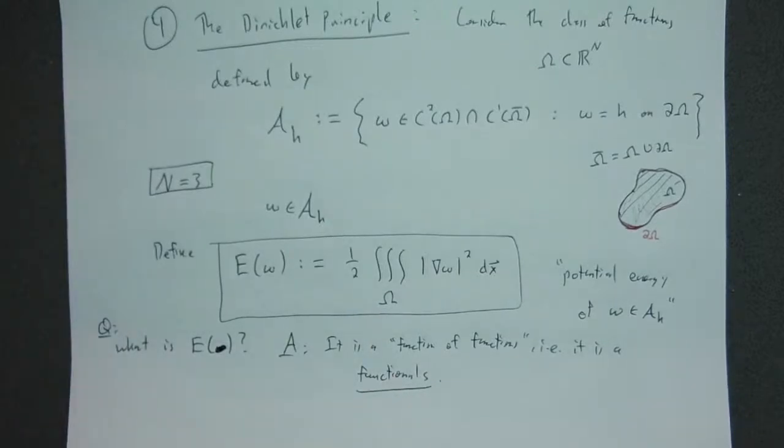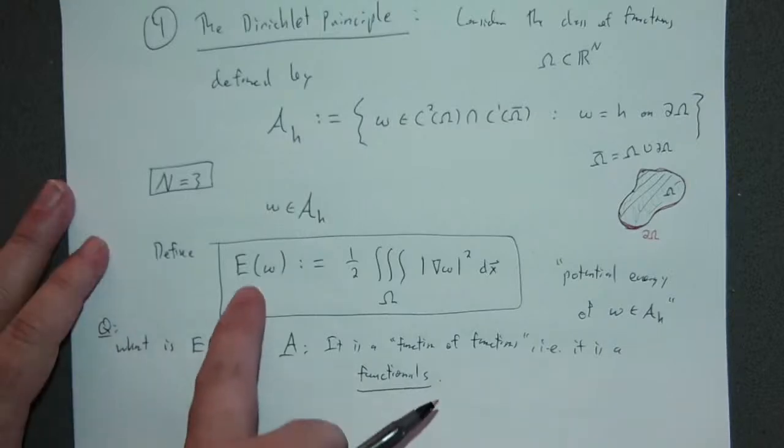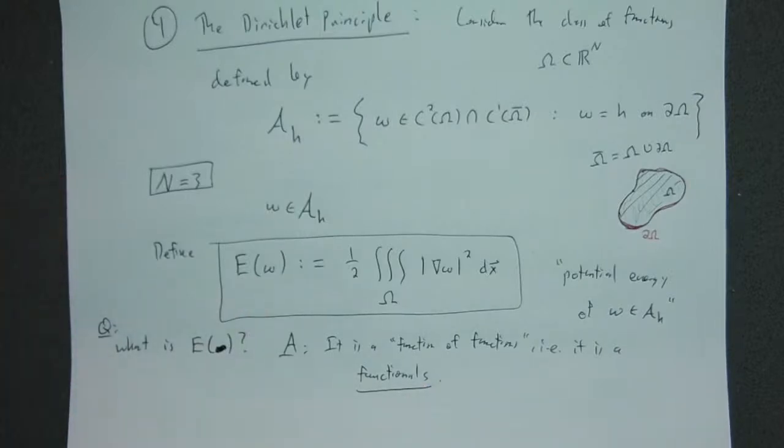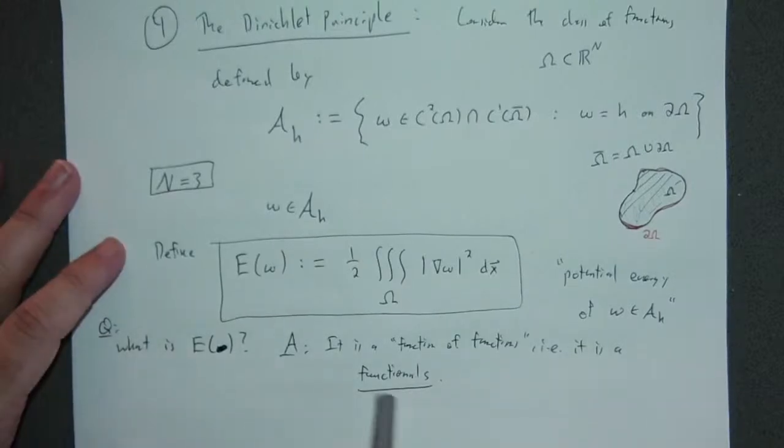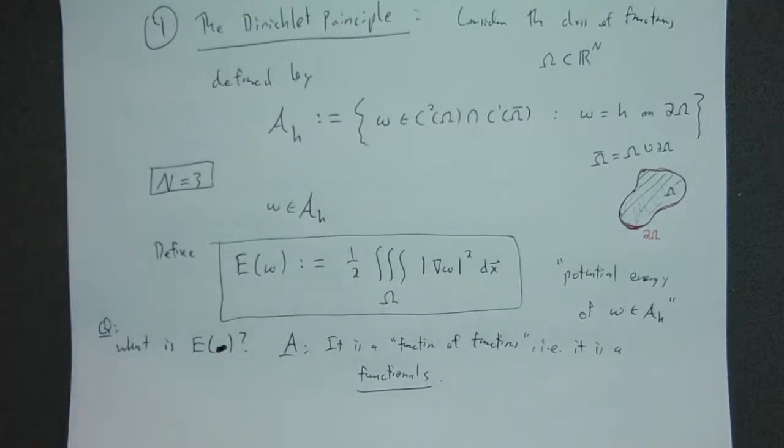It turns out that these sorts of things can be treated with an analysis that is similar to calculus. We did calculus to find maxima and minima, or local maxima and minima, for functions. Can I do the same thing for functionals? The answer is yes. An example of this is a subject called the calculus of variations, which is a very interesting subject.